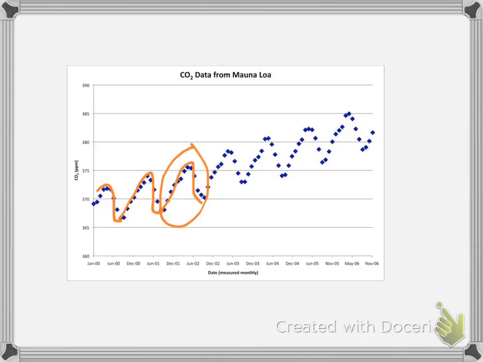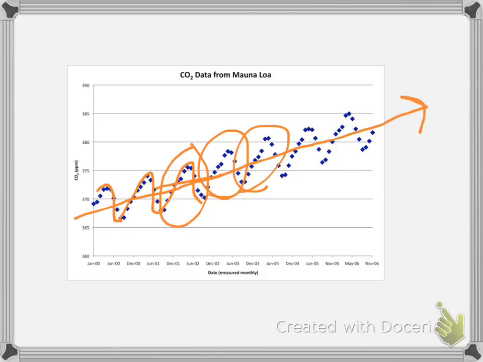While at the same time, if we're able to draw a line right straight through the middle, it is still slowly increasing, but it goes up and then down and up and then down, and so that's a pattern that's happening over and over again. And again, you can look at the data and think about why that might be happening.